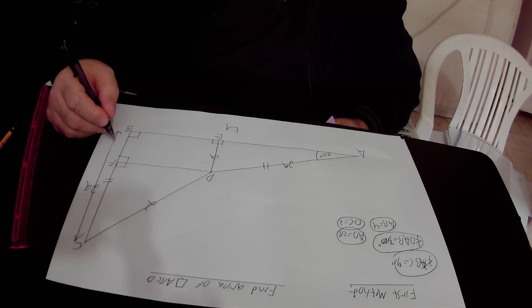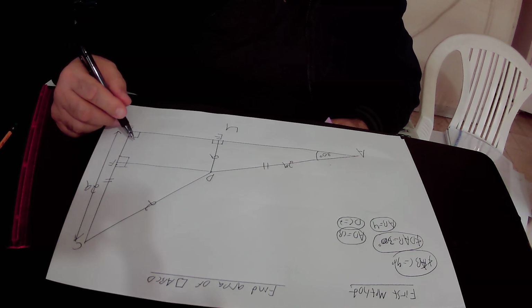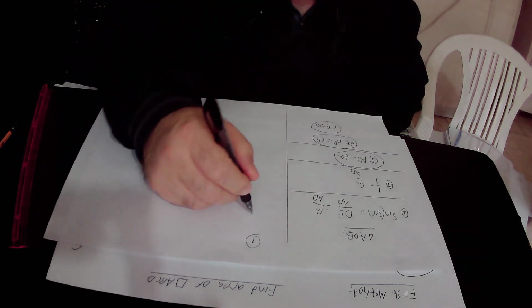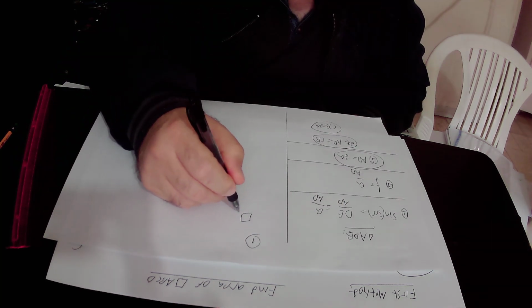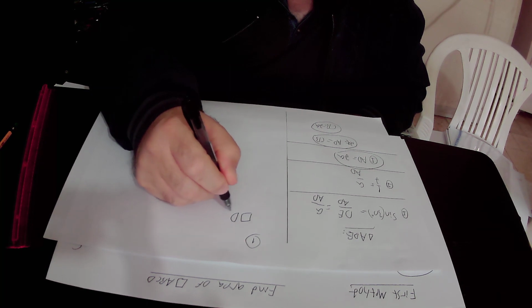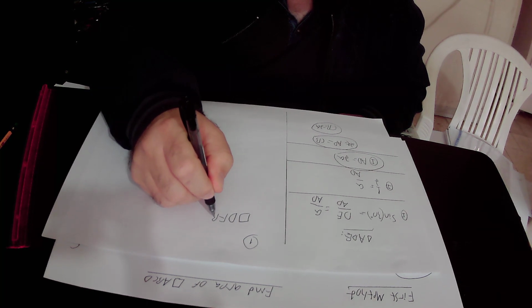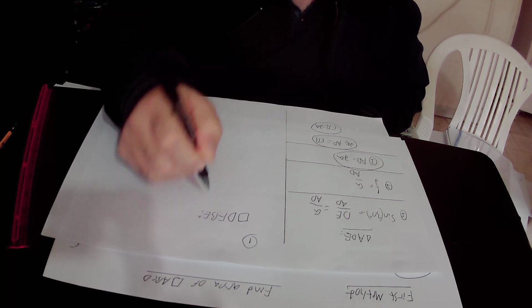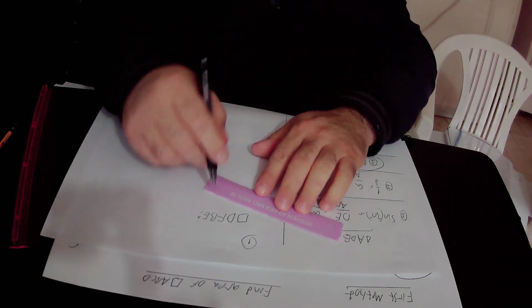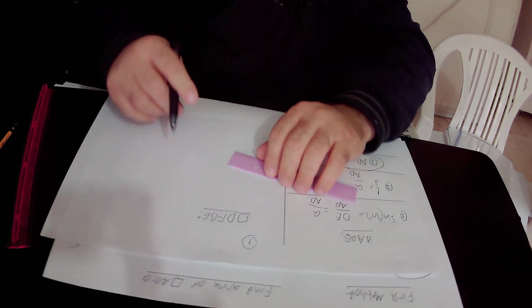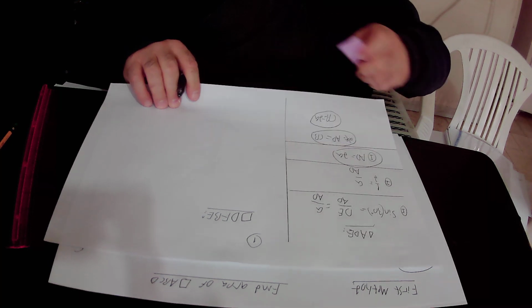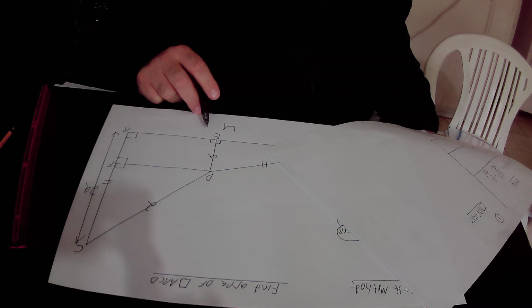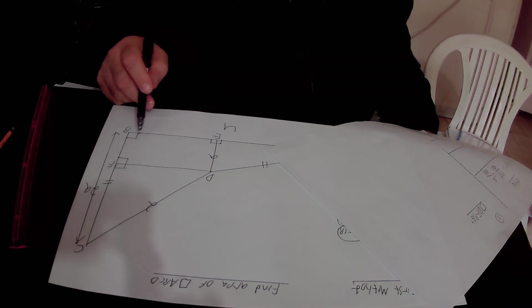We will focus on quadrilateral DFBE. In quadrilateral DFBE, we have three right angles, 1, 2, 3.